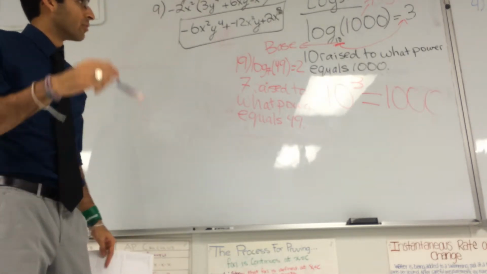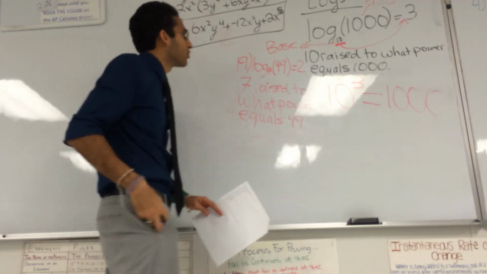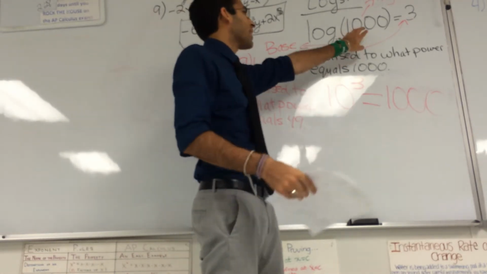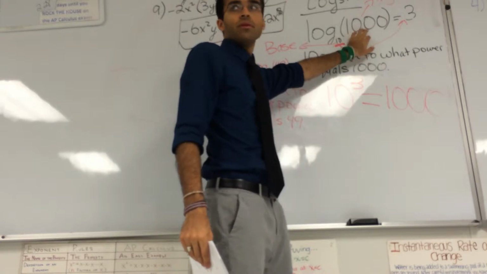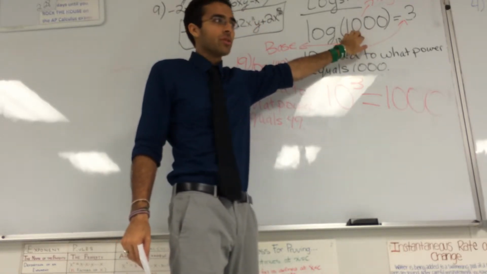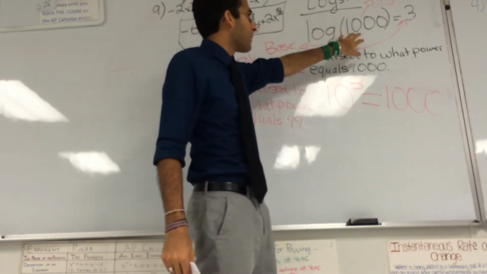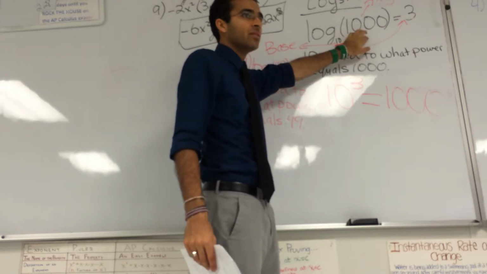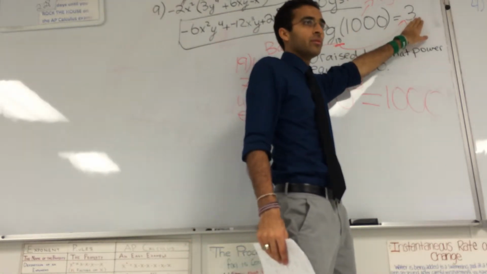All right, so why is a log useful? Well, notice what has happened. Over here we had the number 1,000. When I took the log base 10 of 1,000, the answer was 3.